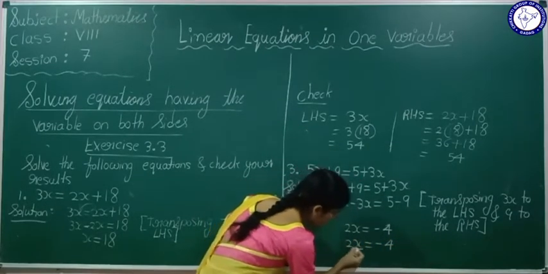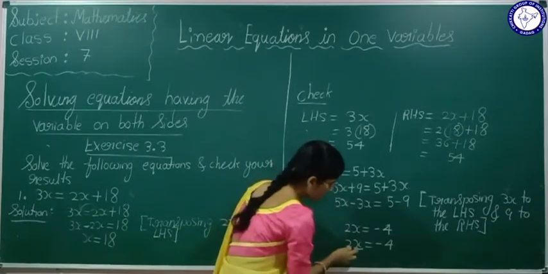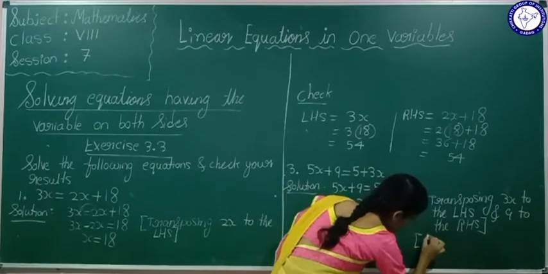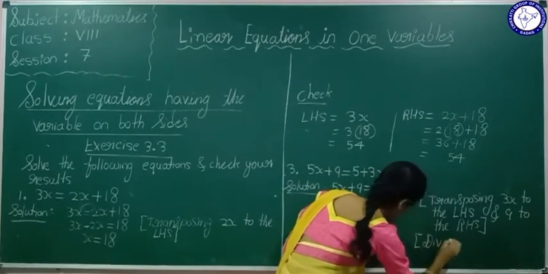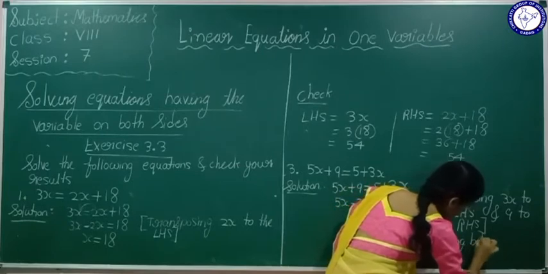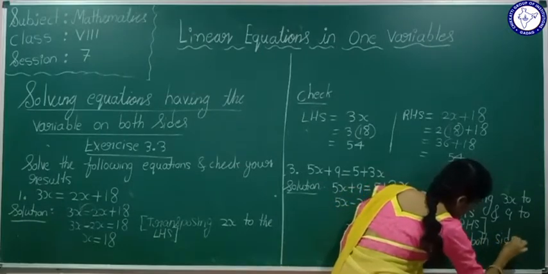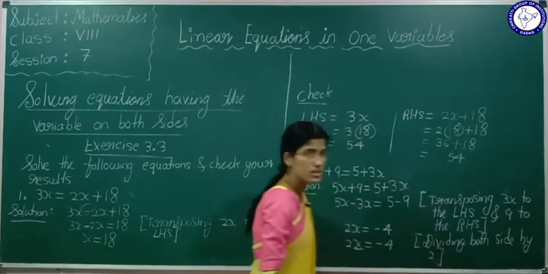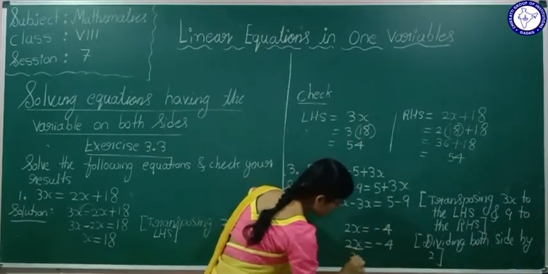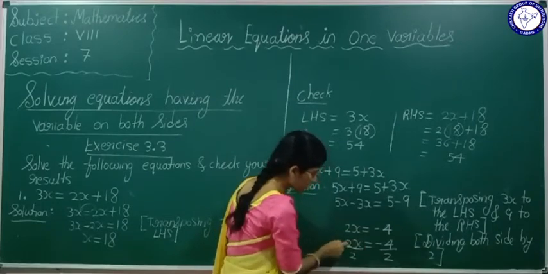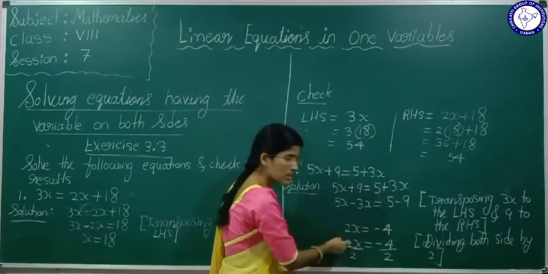See, we want the x value. So divide both sides by 2. If we divide both sides by 2, here 2 will get cancelled.